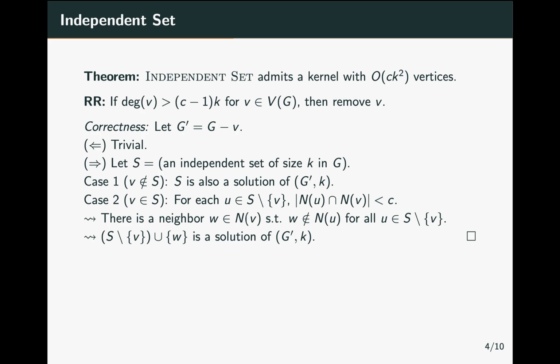Let me show you that this gives us a kernel of C k squared vertices. Observe that after we apply this reduction rule, we are going to have maximum degree at most (C-1) times k.